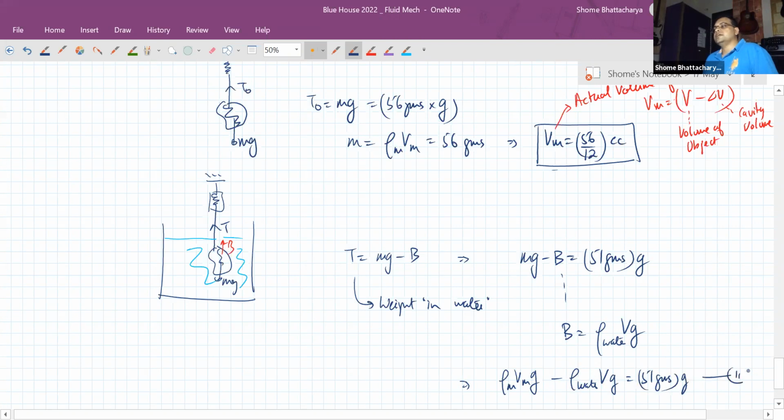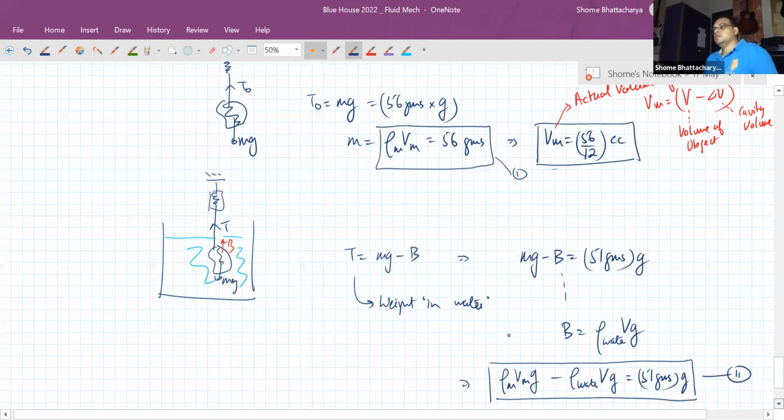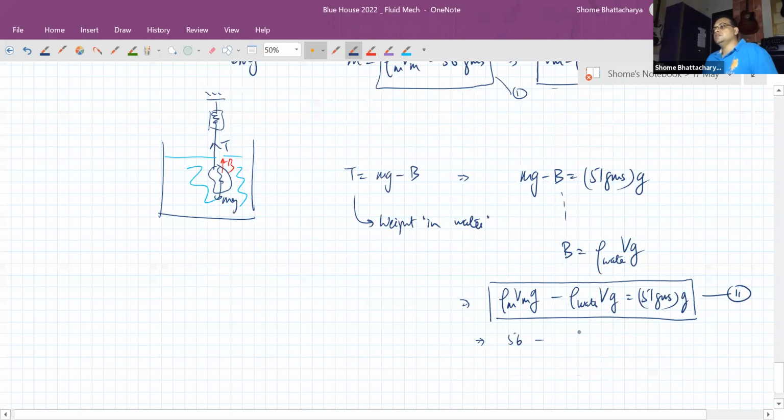So this is what our second equation is giving us, whereas our first equation here was giving us this. So when we substitute this, we can first of all understand that 56 minus density of water into V is equal to 51.